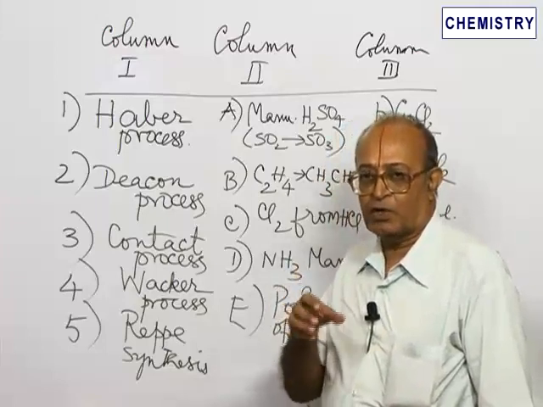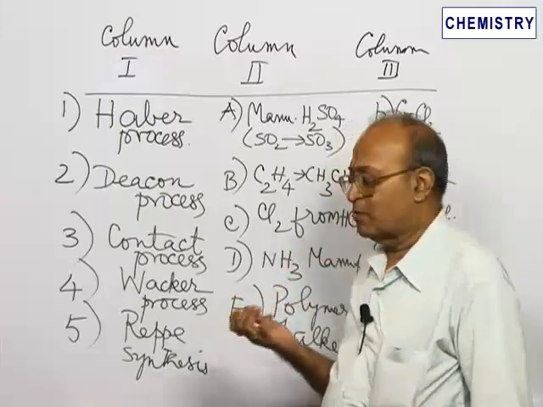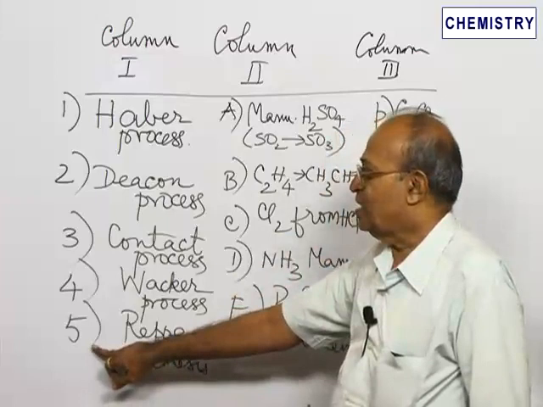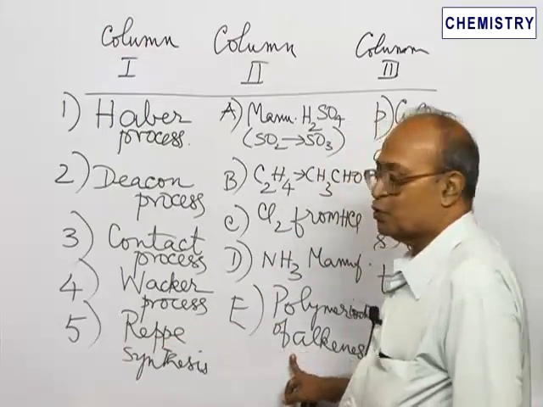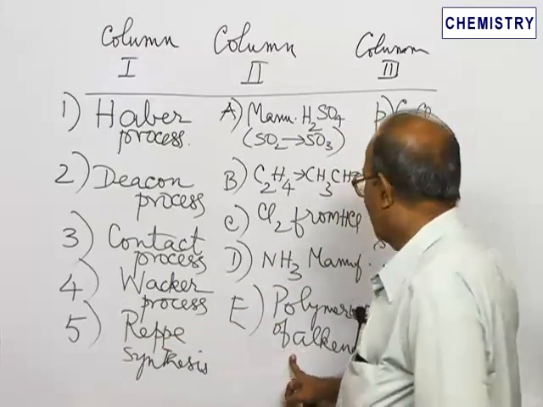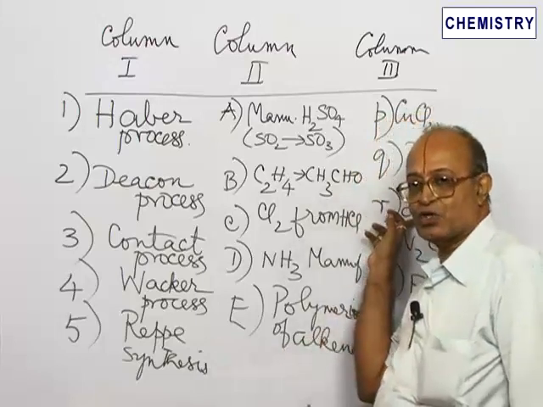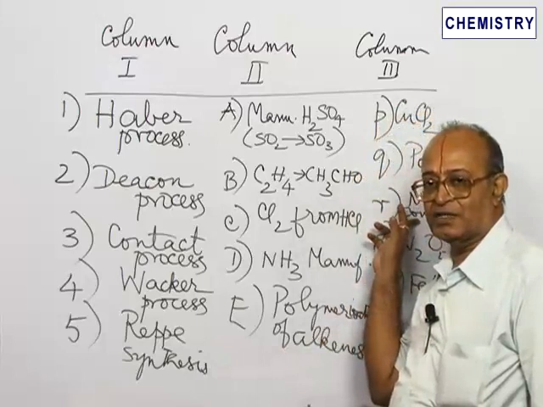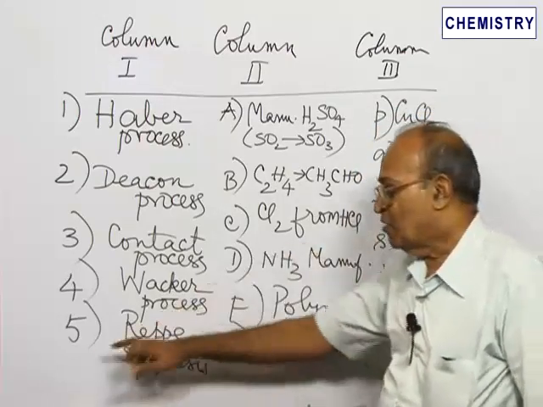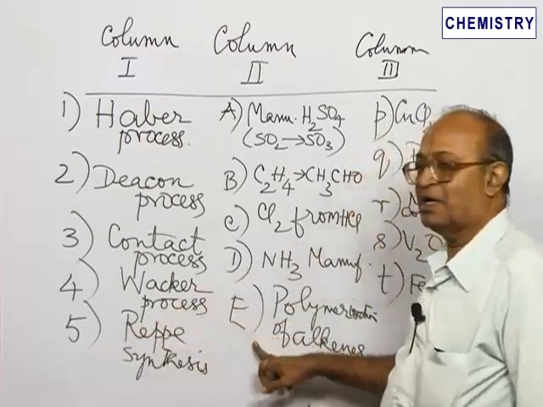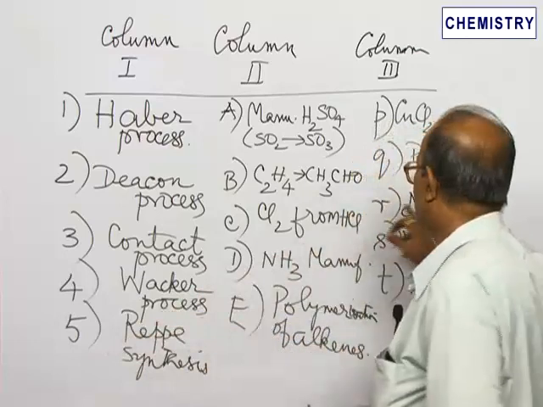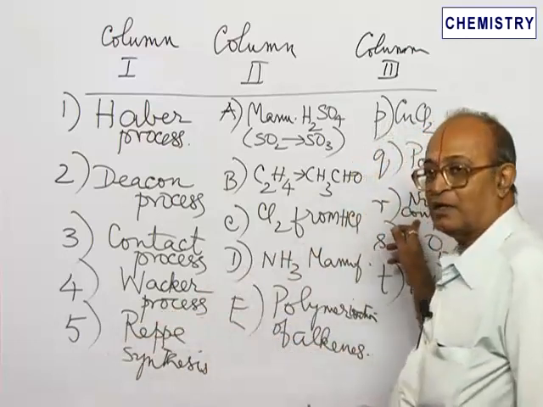From smaller molecules, bigger molecules are being produced. So, 5 in column 1 linked to E, and for this nickel complexes are used as catalysts. So, 5 connected with E in column 2 and R in column 3.